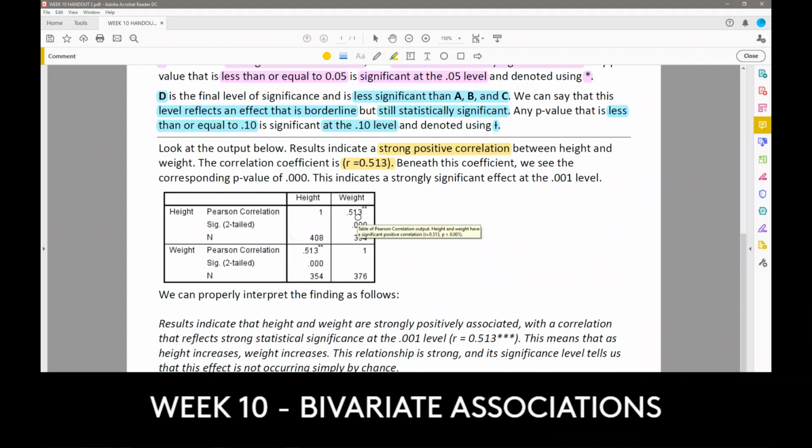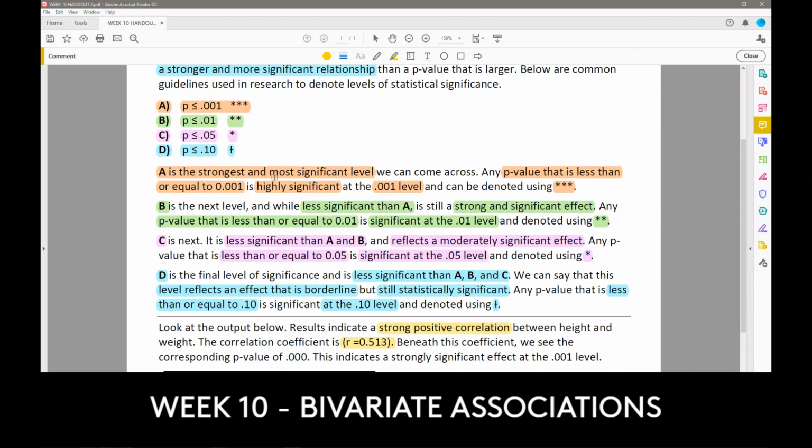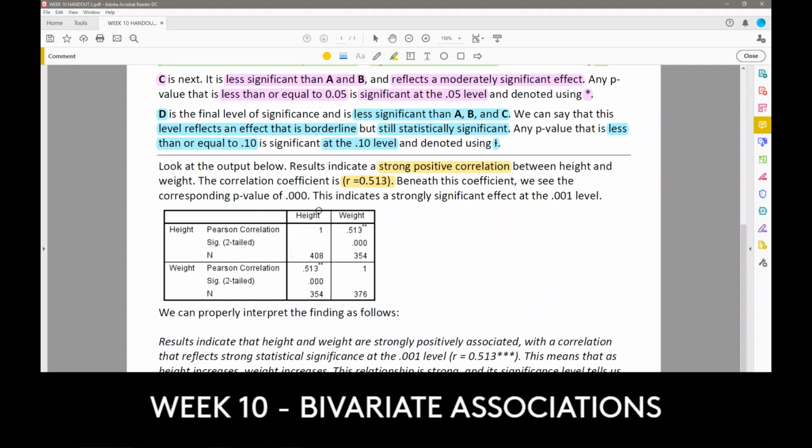Now, beneath this value, you have the sig 2-tail. That is your p-value, okay? So the p-value here is 0.000. If we go up to this chart here, okay, we can see that 0.000 falls under the A level of significance because it's less than or equal to 0.001, okay?